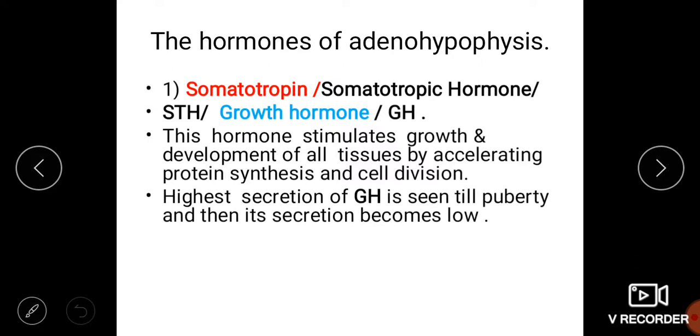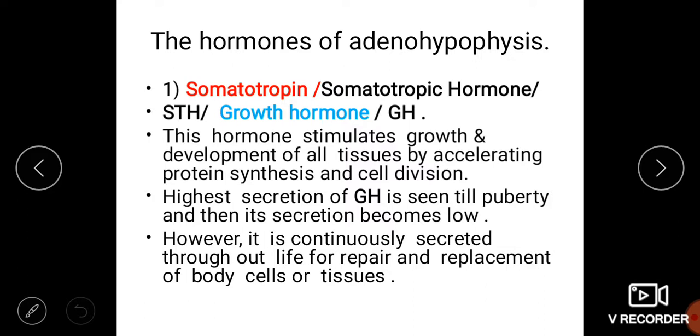The highest secretion of growth hormone is seen till puberty, and then its secretion becomes low. Till the age of 13 to 18, the amount of growth hormone production is more. After that, the hormone is still produced, but in comparatively lower amounts.